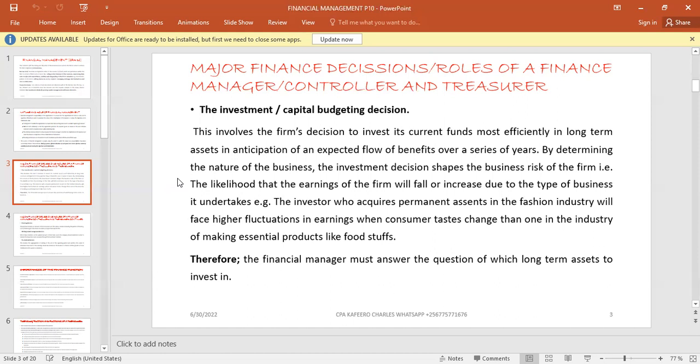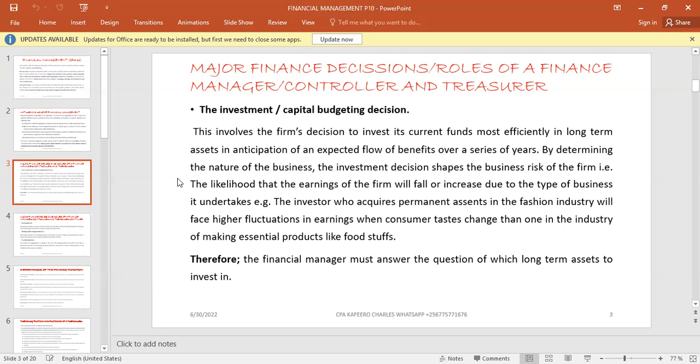Now we are saying that the investment or capital budgeting decision involves the firm's decision to invest its current funds. It means that you cannot go for the capital budgeting decision when you have not done the finance decision where you raise the money. You make sure you have raised the money first, then you look at where you are supposed to invest that money you have acquired.